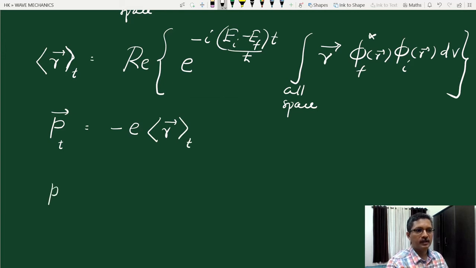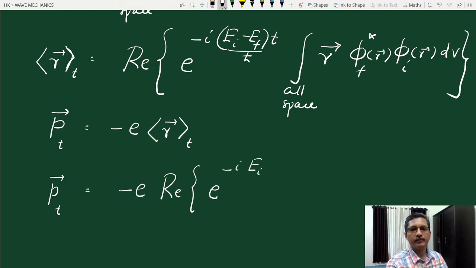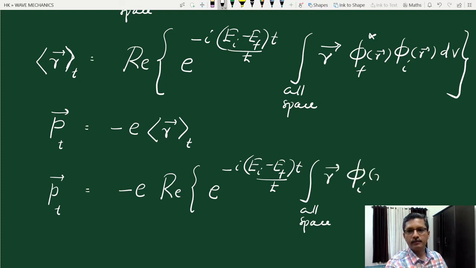So we can say the time dependent part of the dipole moment is minus e times the above expression: the real part of e raised to minus i (Ei minus Ef)t by h cross, and this integral over all space of phi f star r phi i dV.